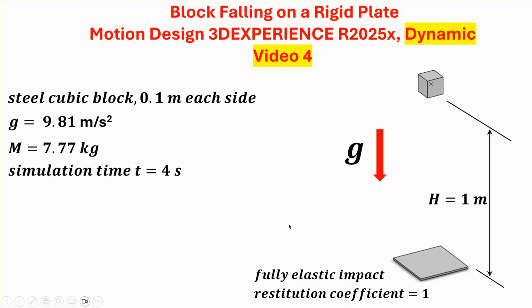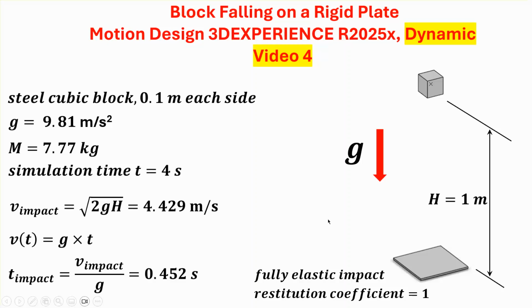And I'm going to do it over a 4-second interval. Now, from elementary physics, we can find out when it hits the ground what the velocity should be, roughly 4.4 meter per second, and we know how long it takes for it to reach the ground and hit it, approximately 0.45 seconds.